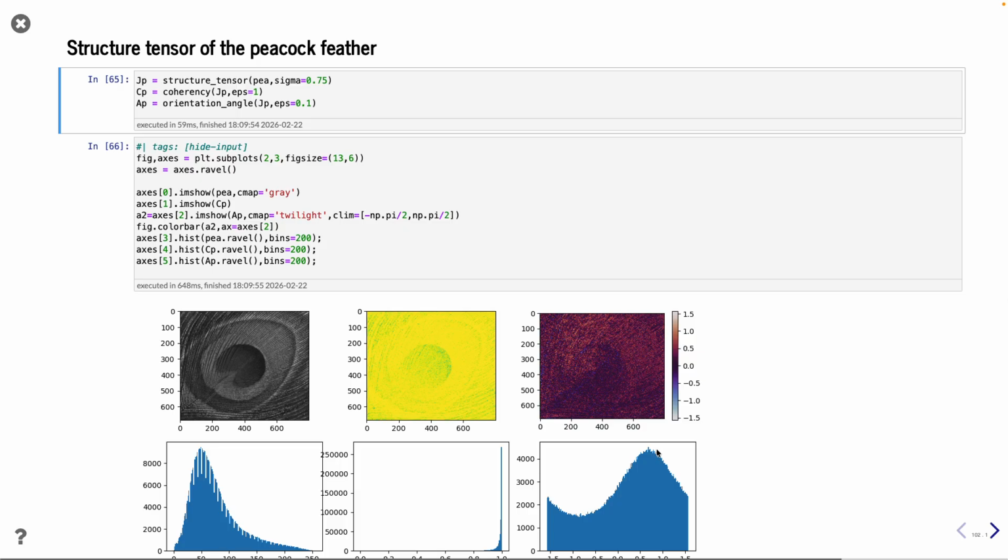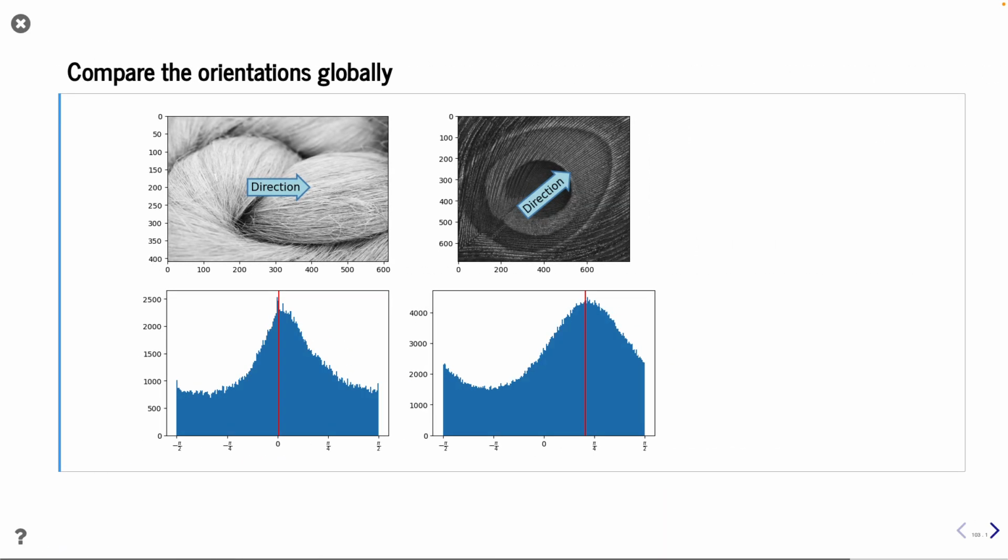So we can actually already from this information tell where we have the orientations in our images. If we look at this more detailed, we can see the general direction in this one is apparently around 0, and in this one is around 45 degrees.